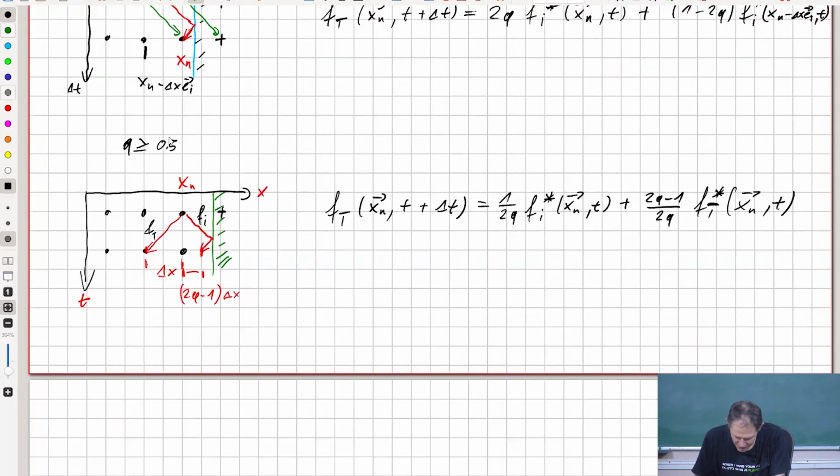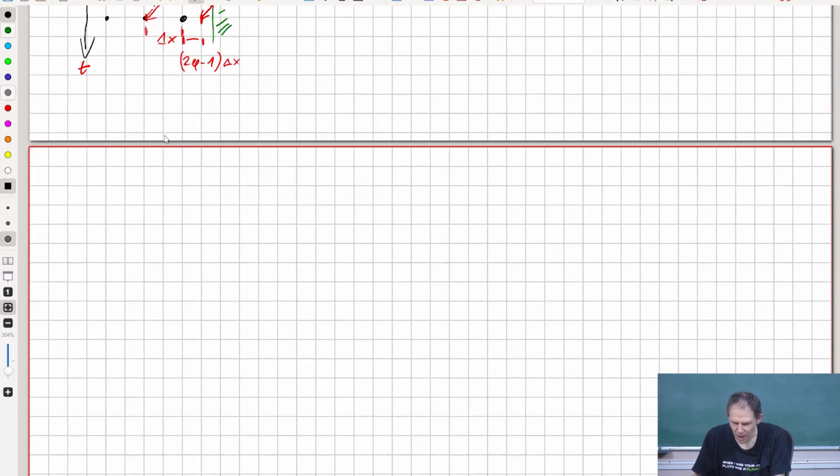So for this reason, we try to do the same thing as here, just with one point. This means without neighbor. So it's called a one-point interpolation bounce back.